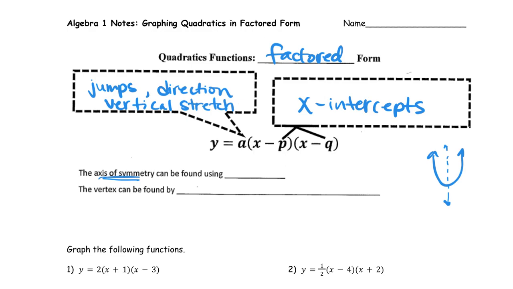It's the midpoint. So we're going to use the midpoint formula, that our x is going to equal p plus q, our two intercepts, divided by 2. Basically, we're averaging those. And then the vertex can be found by plugging that value in for x and solving for y.